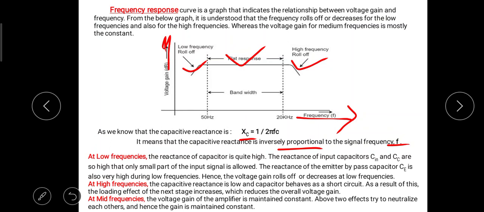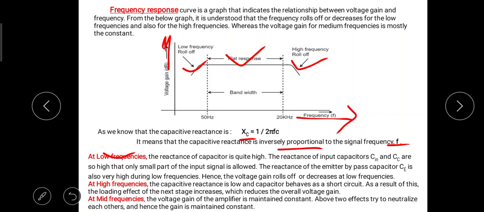First, at low frequencies, the reactance of the capacitor is quite high. We are saying that frequency is low, which means reactance is high. The reactance of the input capacitor Cin and Cc is so high that only a small part of the input signal is allowed to pass to the output.